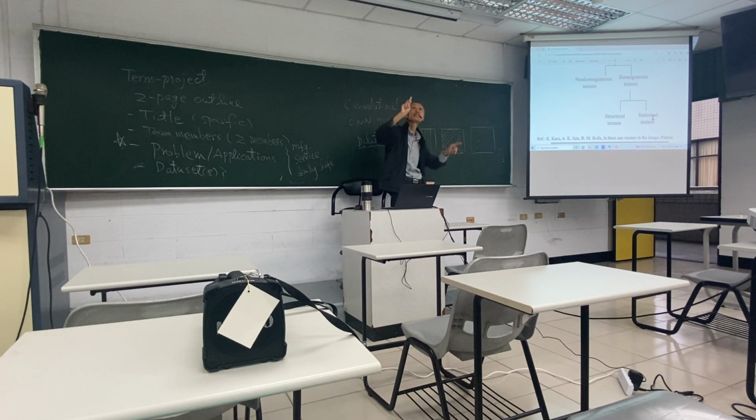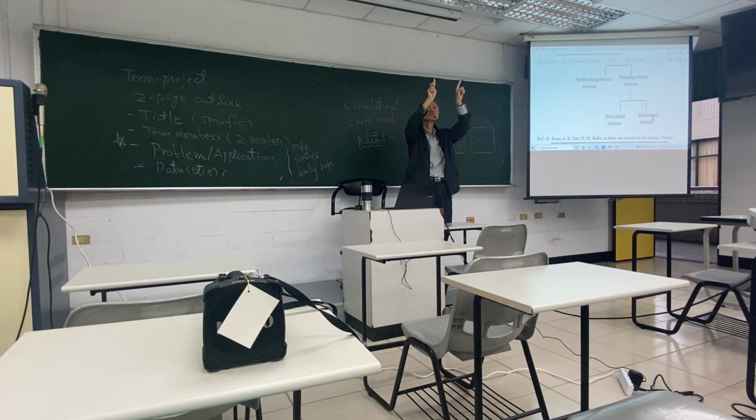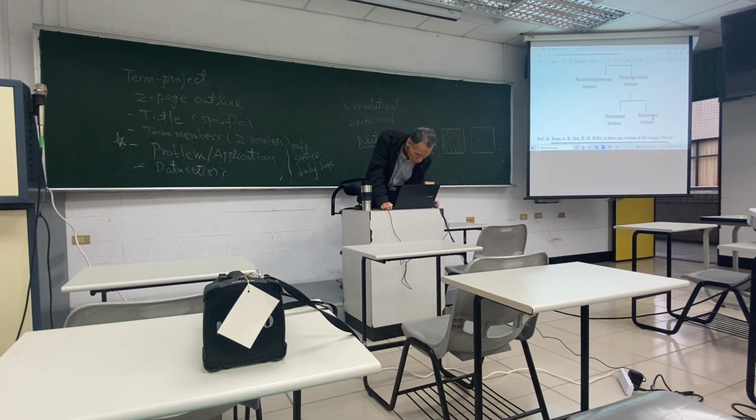But if you just look at a small piece of the ceiling, it looks like a statistical texture, right? Even for the table, take a look. This is statistical texture, because it's distributed randomly.